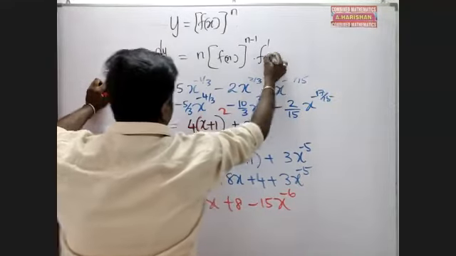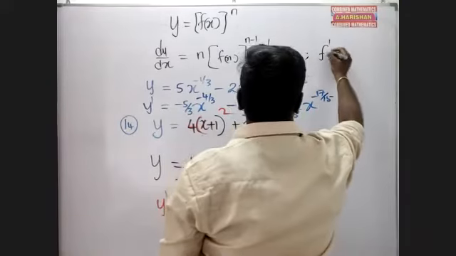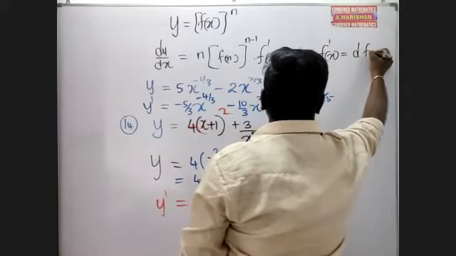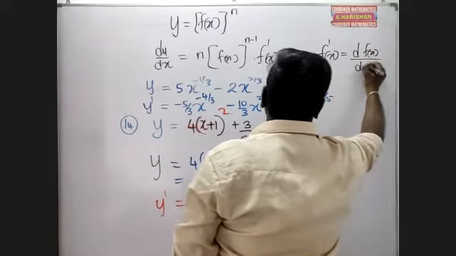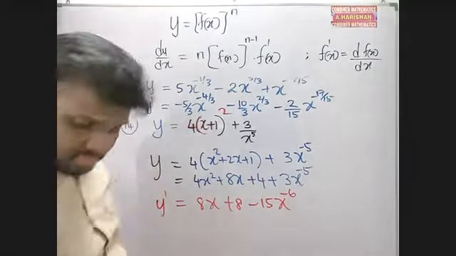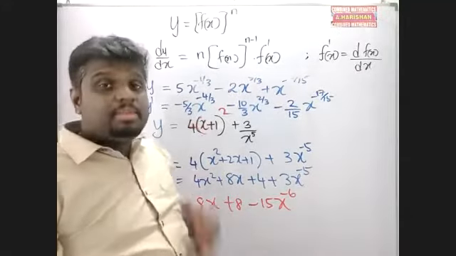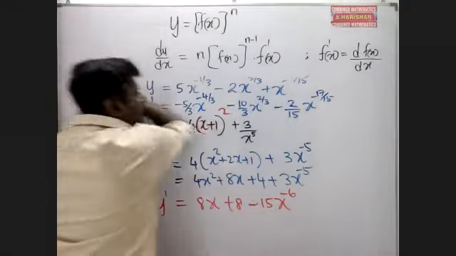So I put f prime x. Here I can write what f prime x is: f prime x is df of x over dx, that means differentiating f of x with respect to x. This doesn't seem good to me until I make the examples, so we go to the example.